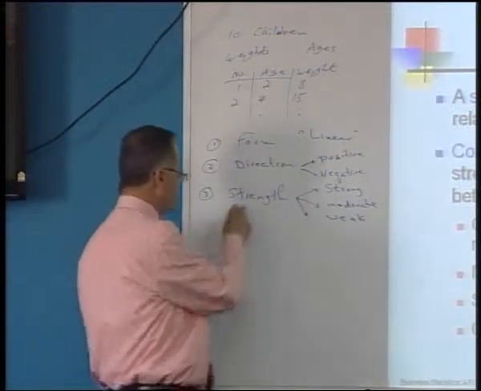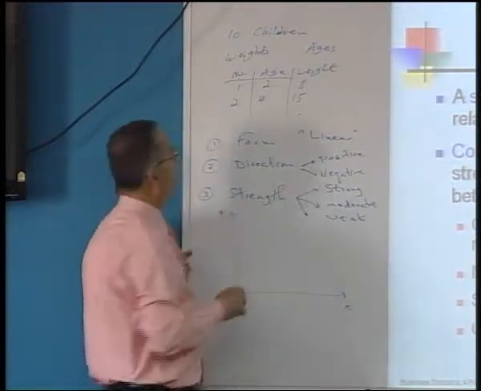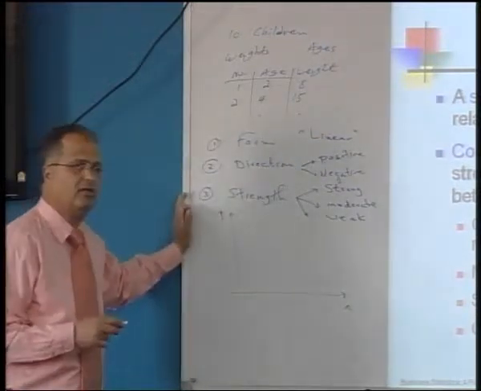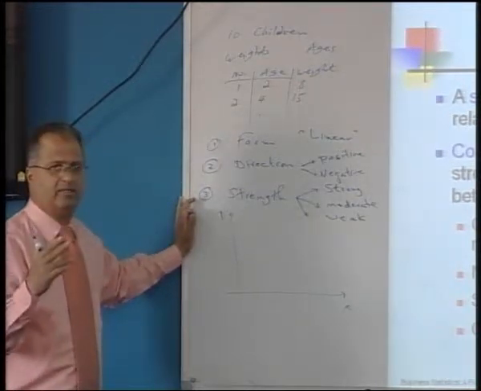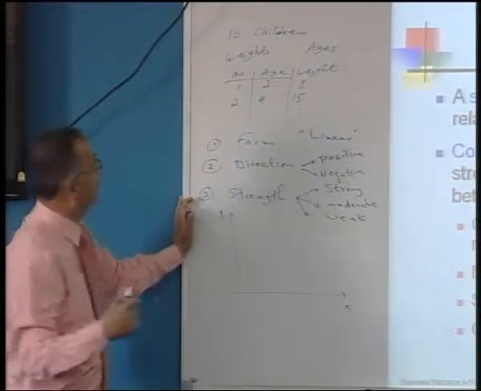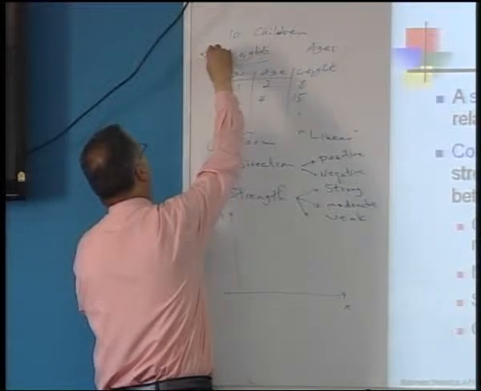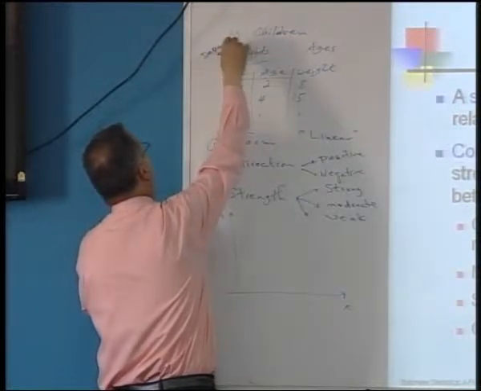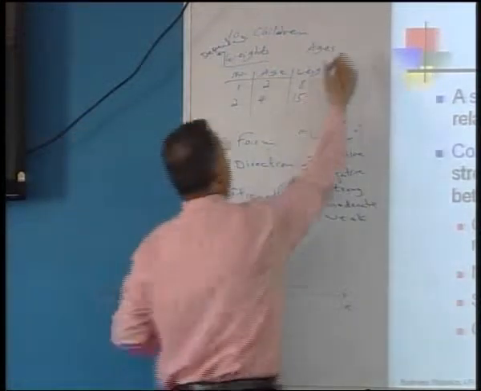For example, suppose we have, again, weights and ages. And we know that there are 2 types of variables in this case. One is called dependent, and the other is independent. So weight, as we explained before, is the dependent variable, and age is independent.